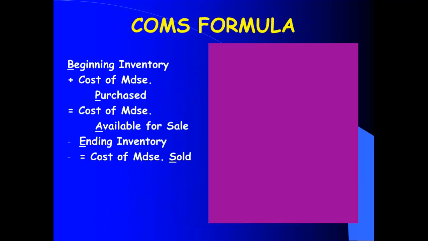That's the formula we're going to use. What I just told you about elephant ears is what we're going to put in a fancier form here for a periodic system. The formula has kind of 2 pieces. One leads into the other, but here's the skeleton version. It says the beginning inventory, which was 10 elephant ears for us, plus the cost of what we buy, which is 20 elephant ears for us, is the cost of what's available, which is 30 elephant ears, minus the ending inventory, which is the 6 elephant ears, says the cost of merchandise sold then is 24.